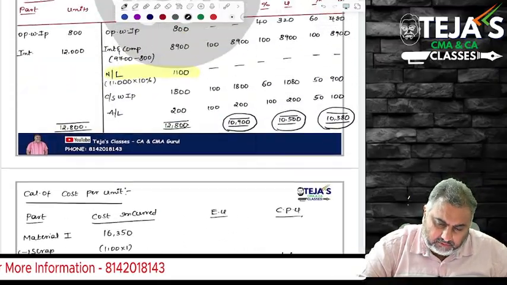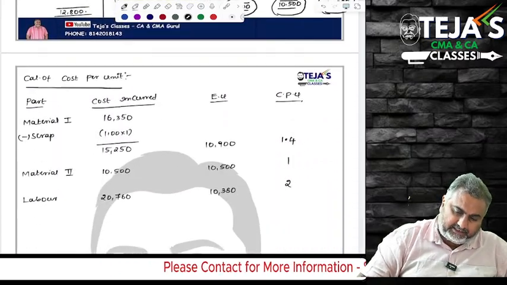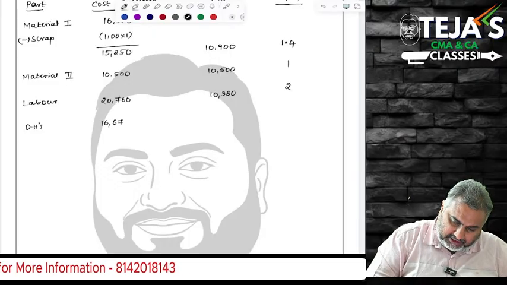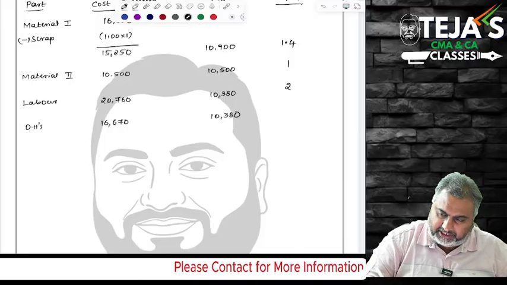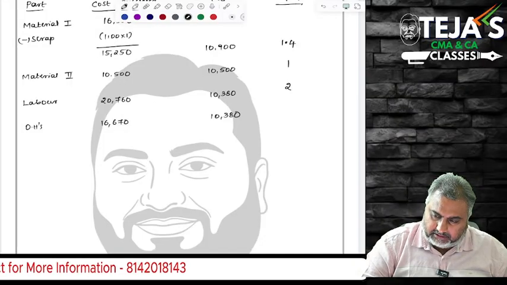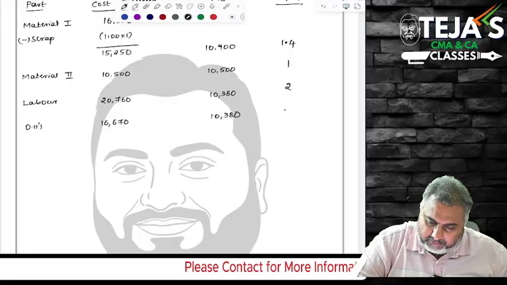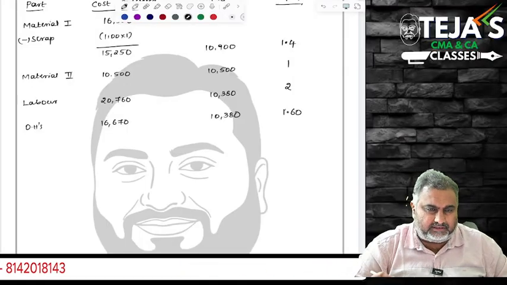Same way, see overheads amount how much given in the question? 16,670. Overheads 16,670. Equivalent units 10,380. 16,670 divided by 10,380. So 1.605, they are getting 1.60 round off.